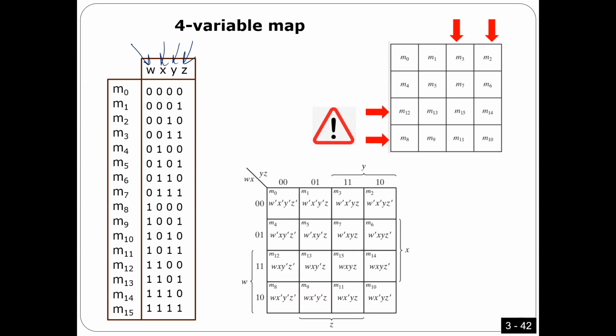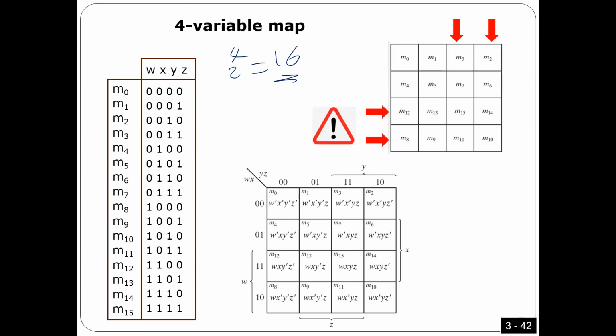So now I have 4 variables, W, X, Y, Z. In this case, as I said before, the map should have 2 to the power of 4, which is 16 squares. Similar to what I did before, in the case of 3 variables, 2 to the power 3 is 8 squares. Here we have 16 cases, and for every row, for every case, we have 1 square for each one. Is that okay? Similar to what I did before.